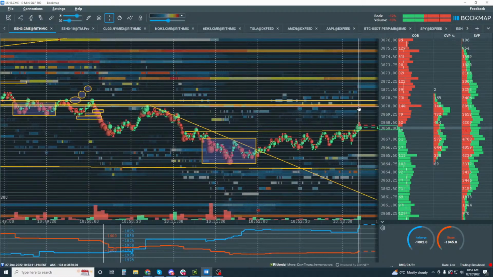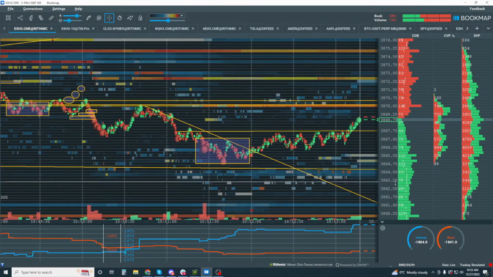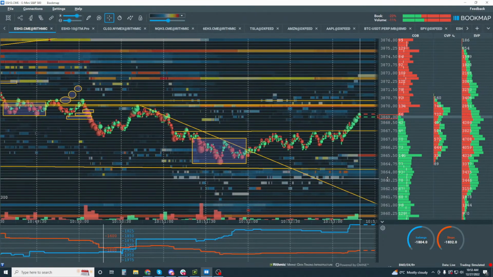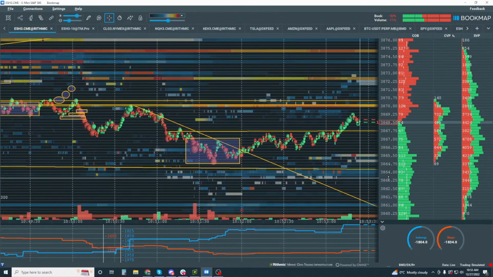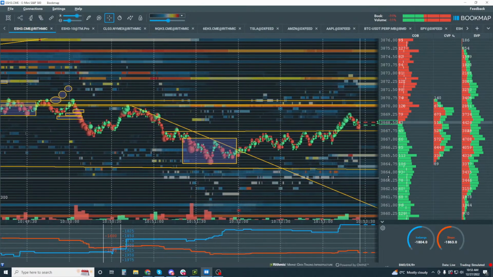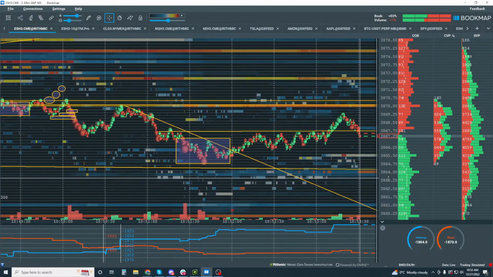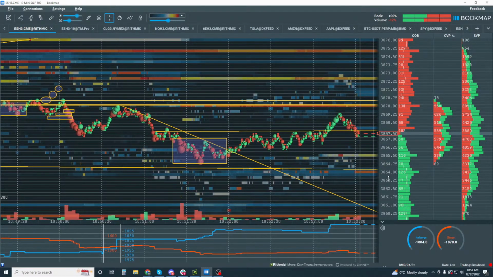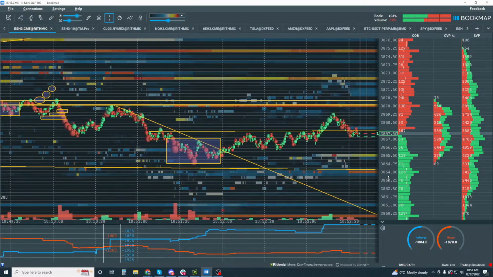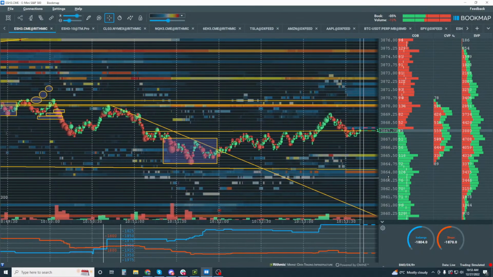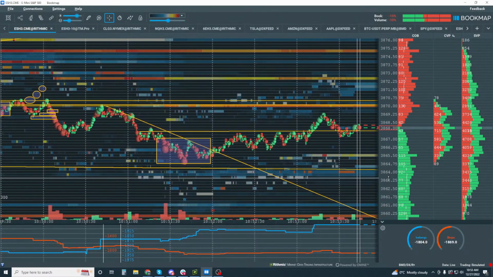There they are, and now we're looking just to go up to 70 at 67 to 70 here. There's some exhaustion, there's some buying.